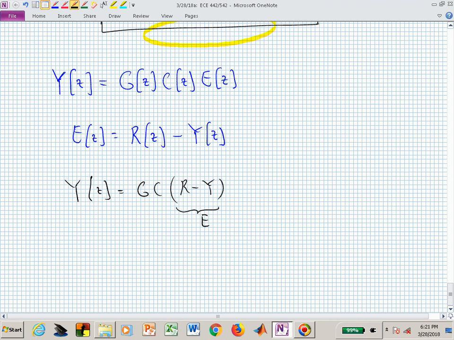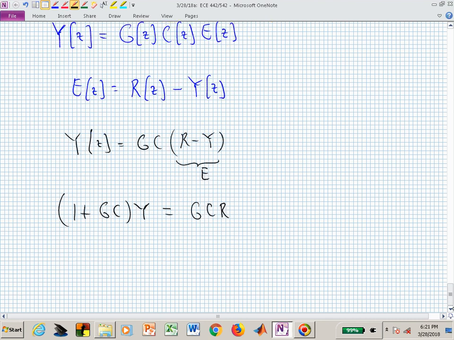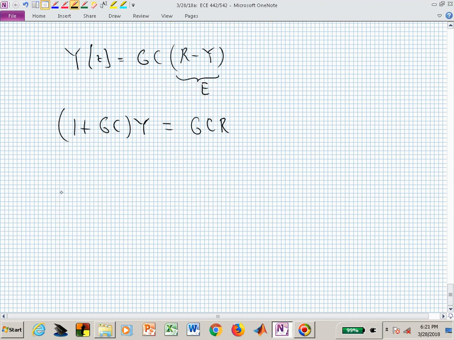If I add GCY to the left, I have Y plus GCY. Let me factor out that Y, and I have (1 plus GC) Y. And that's equal to, on the right, the only thing that's left, GCR. And this actually gives us our desired closed-loop transfer function.